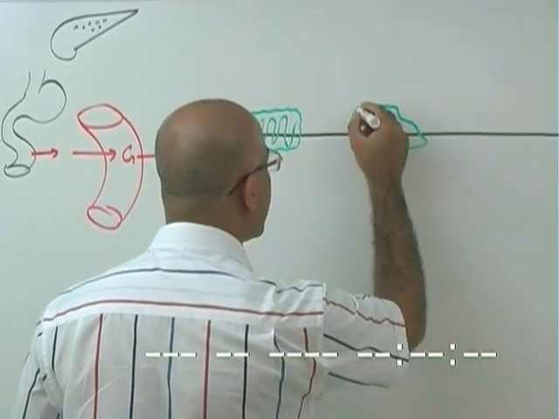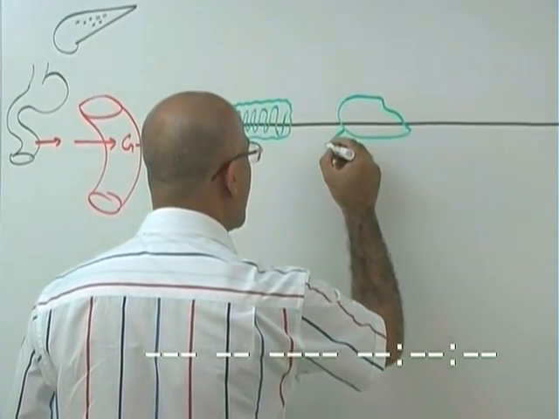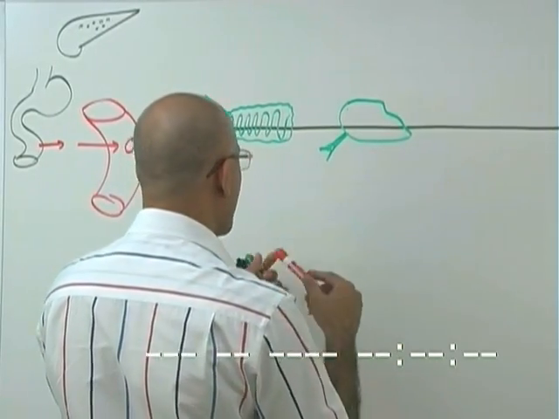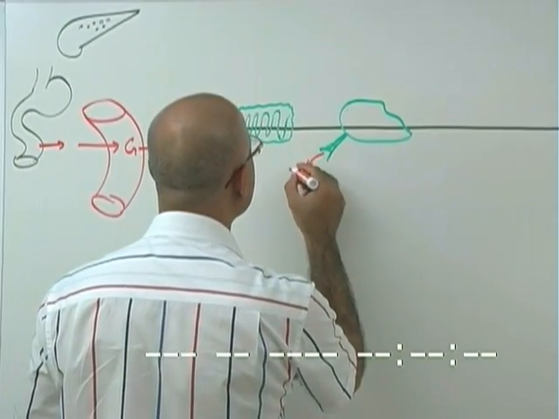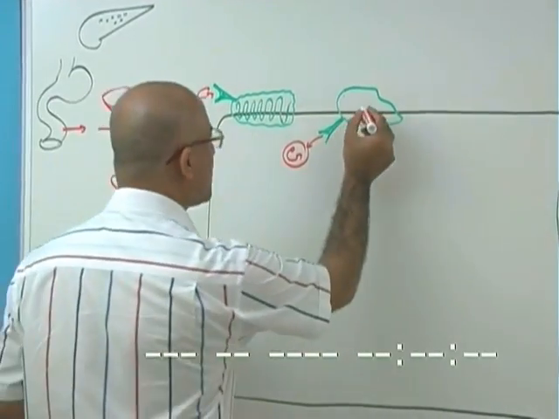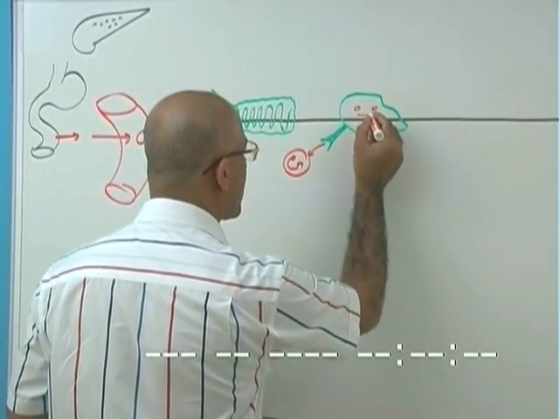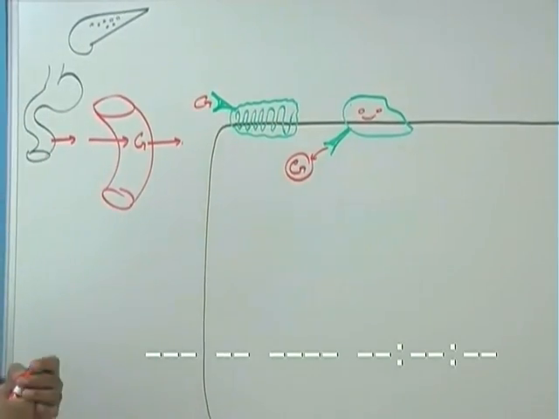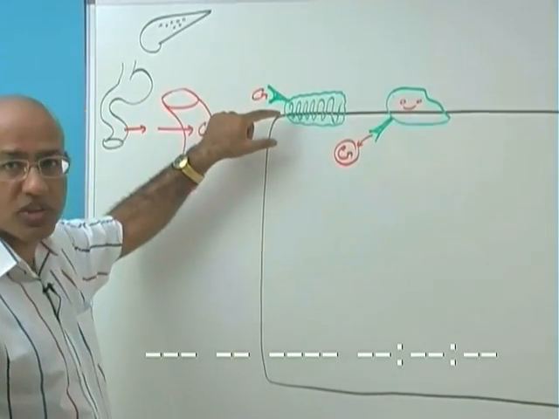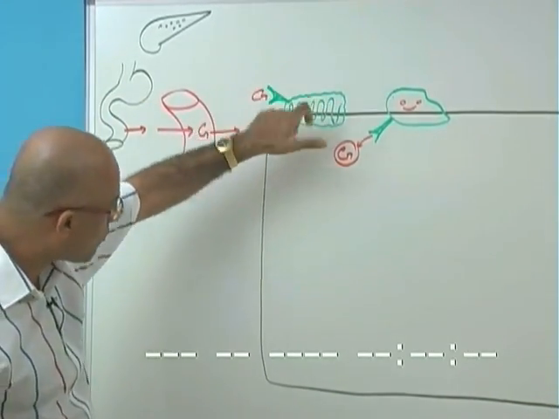Again it is here, but when glucose is bound, what happens? It flips in, and when it flips in, glucose is released inside. You see it's very happy, it has transported the glucose. Now, after releasing the glucose, it will flip back into this situation, and more glucose will bind and it will flip in.